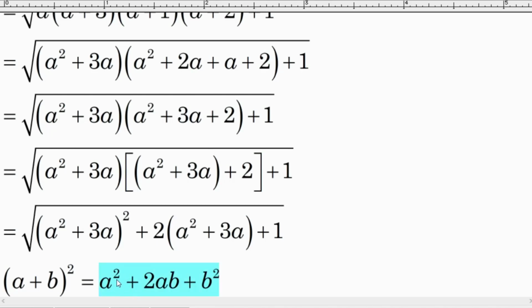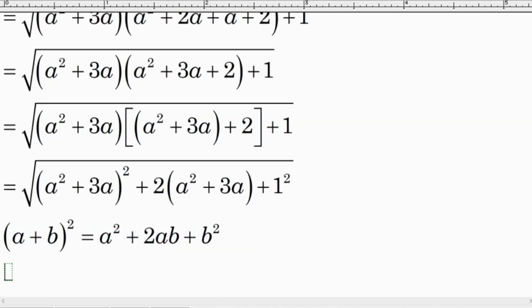When we look at this form, we have a square plus 2ab plus b square here, so it is also in this form. This part stands for a, right? And here is a square and then plus 2 times a times b. b is equal to 1, so we don't have to times with 1. Then we plus b square. 1 also can be raised to square like this. So now we have a square plus 2ab plus b square, which is in the form of a plus b raised to square.